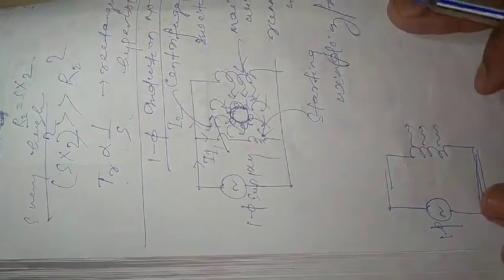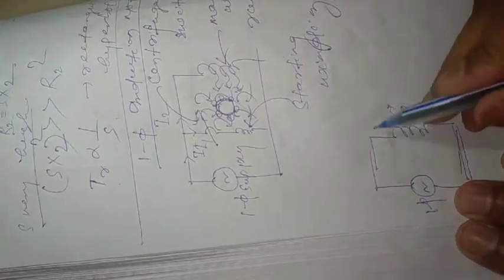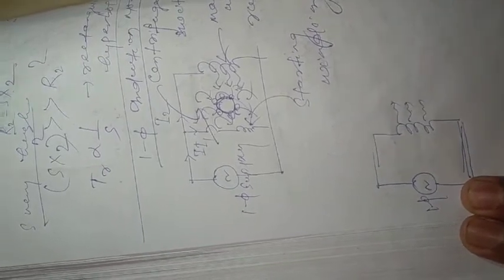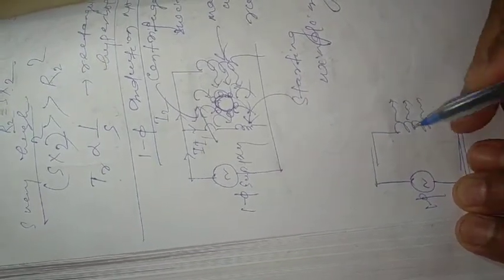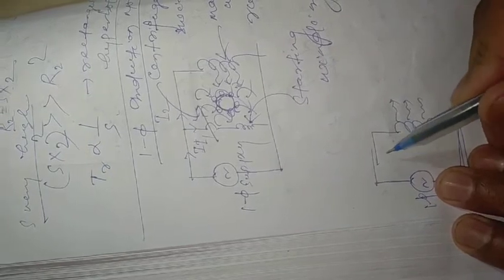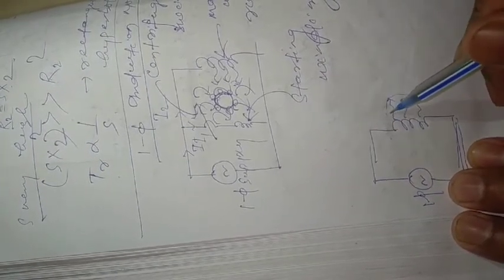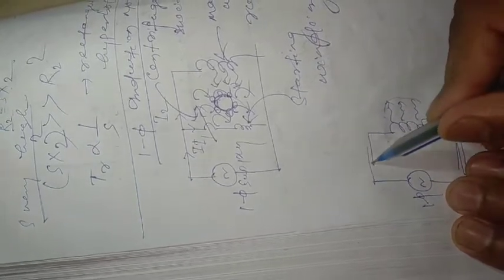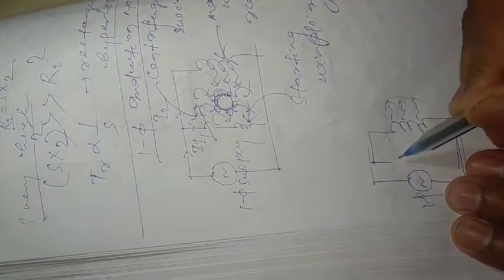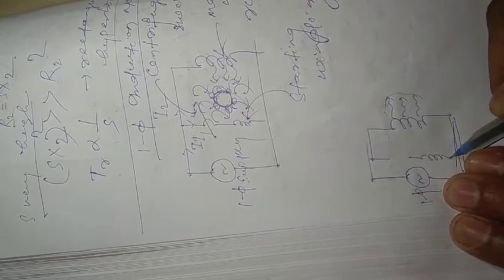For that, first of all, this one is generally known as the starter winding. Now we need to somehow produce a revolving field. To produce it, let us connect a different winding here.